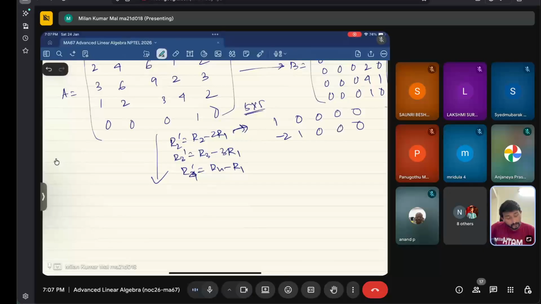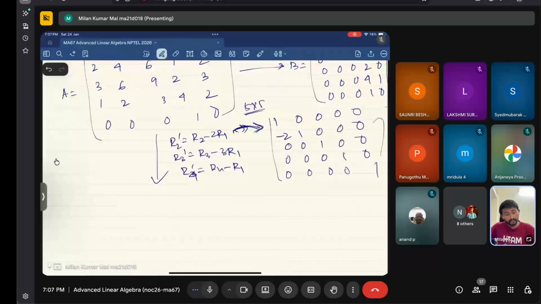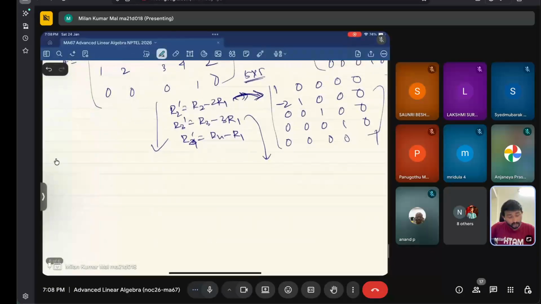This operation denotes only this elementary matrix. Similarly, the next one will correspond to another elementary matrix.